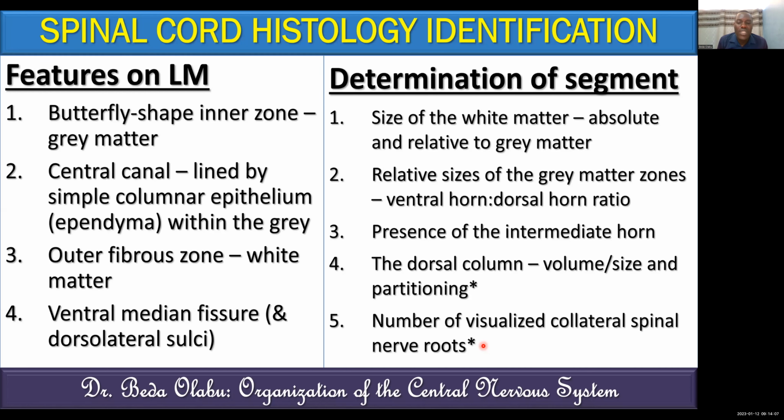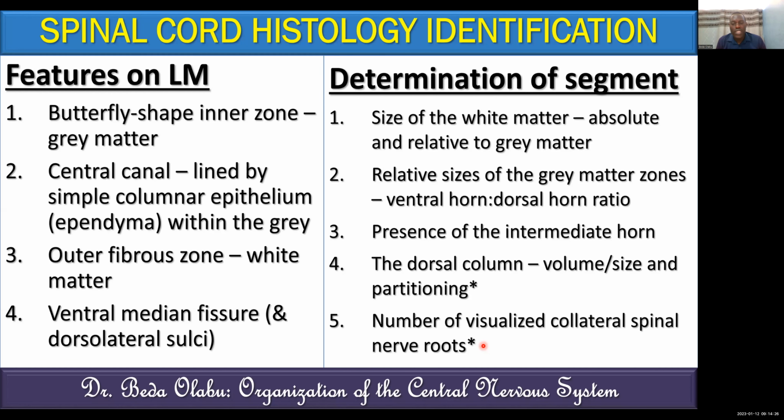The last thing to point at is the number of collateral spinal nerve roots that we see running on the outside of the spinal cord. Now, you need to remember that there's something called the cauda equina. This is because the spinal cord has shortened, and so the lower nerve roots take a vertical orientation before they exit.